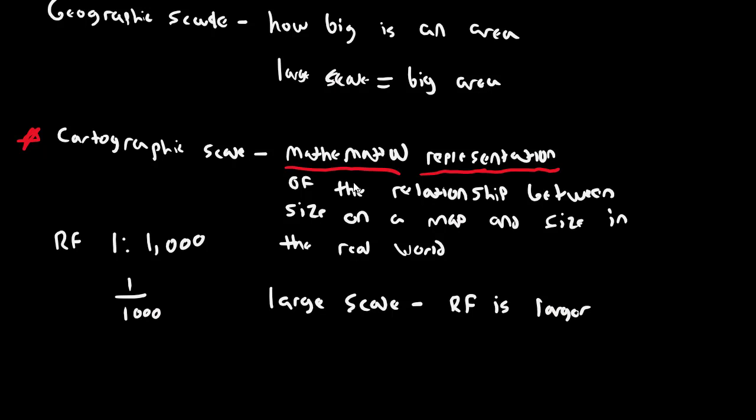Because the representative fraction is 1 over whatever the distance measure is in the real world, a large cartographic scale means that the bottom number is smaller, meaning that 1 unit on the map represents less distance in the real world.